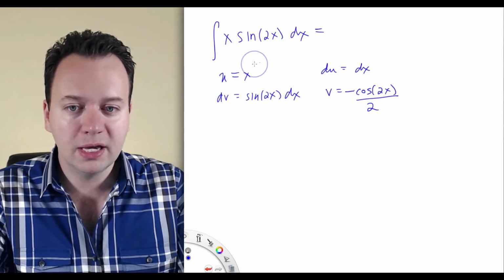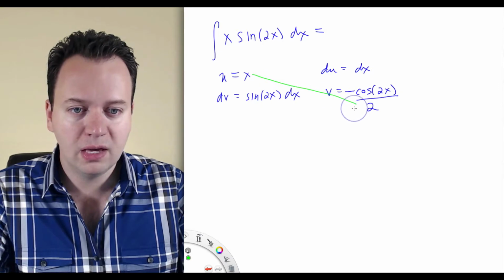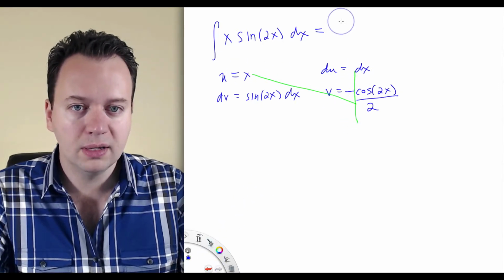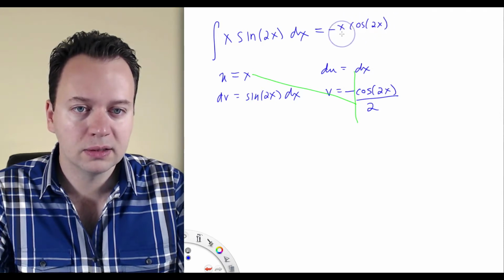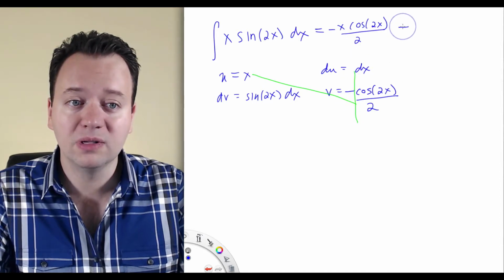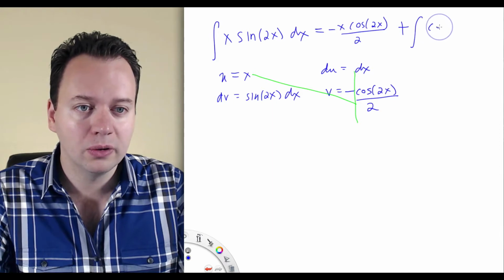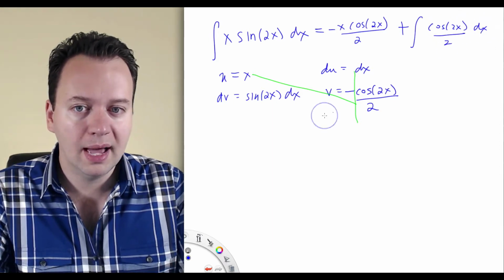So this one is going to equal uv minus the integral of v du. So it's going to equal u times v, which is minus x cosine of 2x over 2, and then minus the integral of v du. We have an extra minus sign here, so it's plus the integral of cosine of 2x over 2 dx.